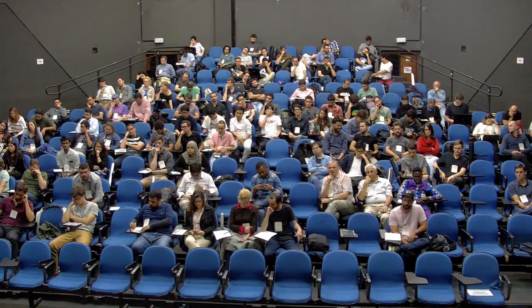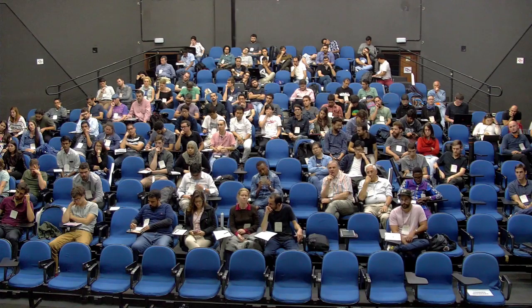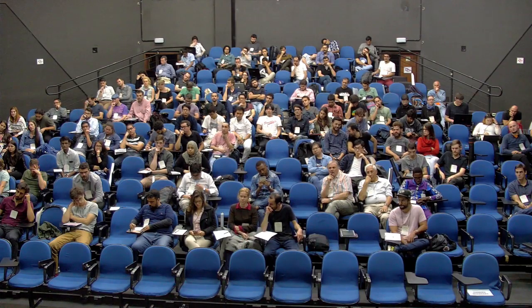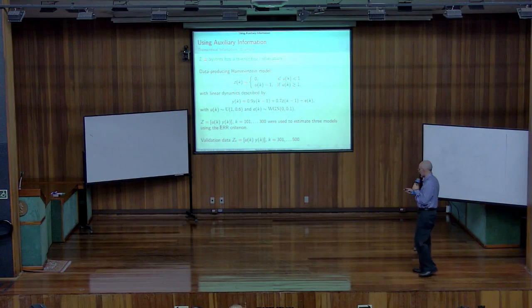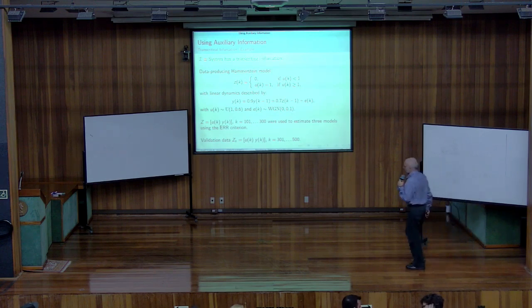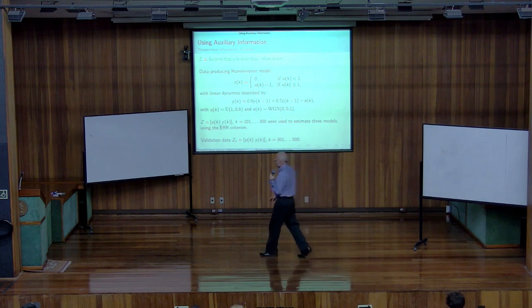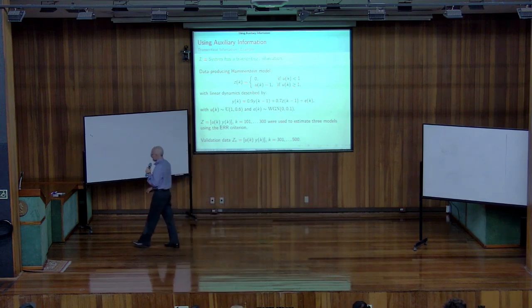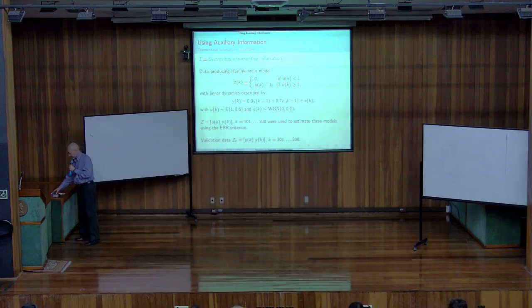Here we're going to consider an example that is purely simulated. So my data producing model is a Hammerstein model. And the static curve of this Hammerstein model is like a dead zone.